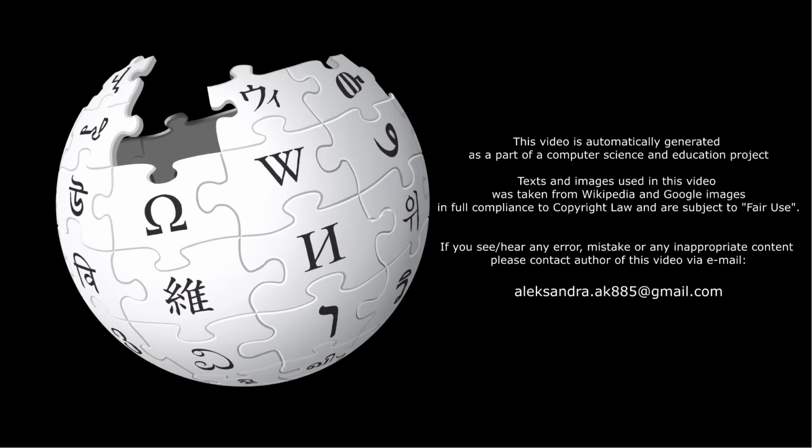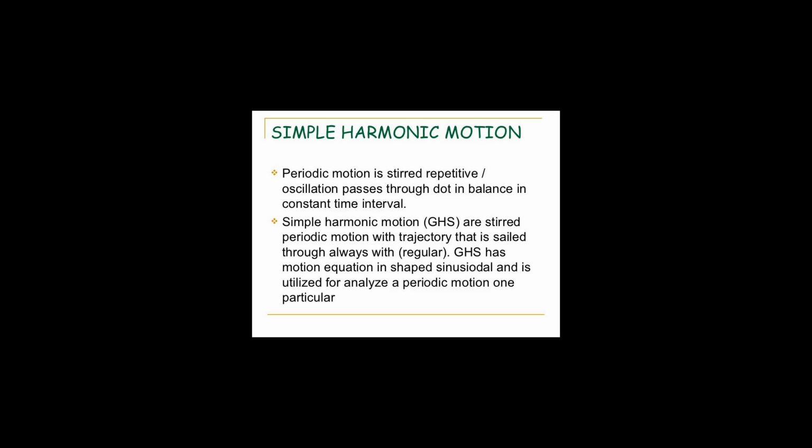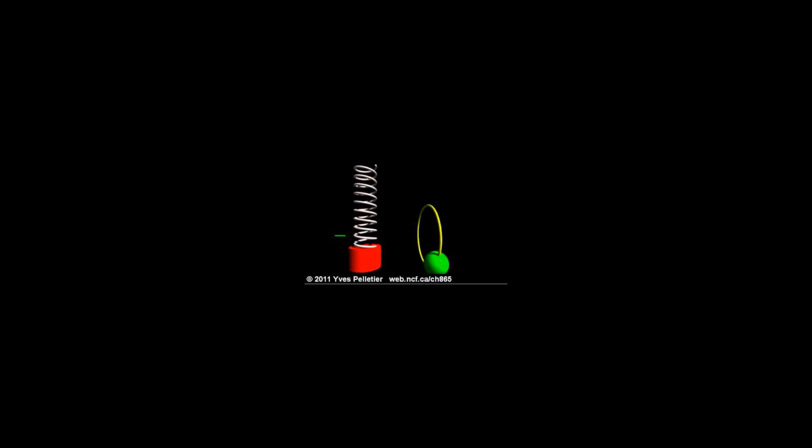And the potential energy is U(t) = 1/2 k x²(t) = 1/2 k A² cos²(omega t + phi).